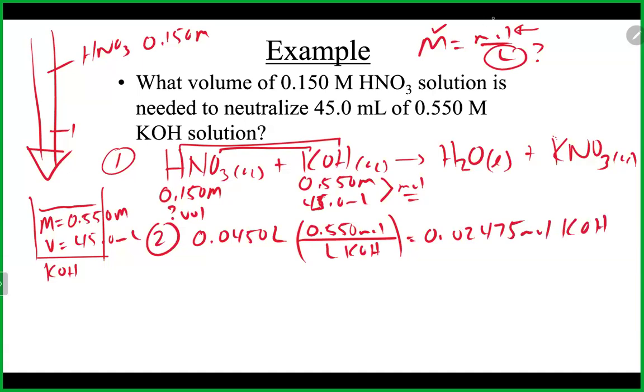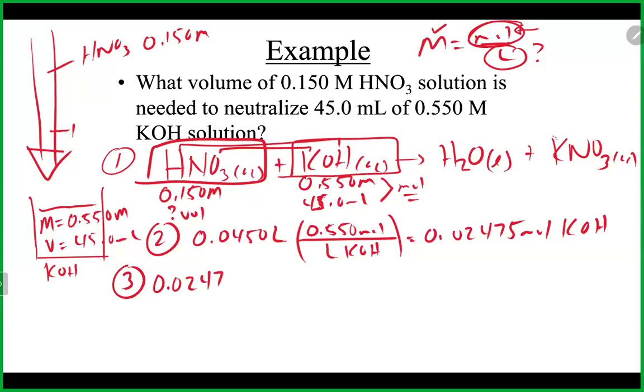Remember that ultimately we need the moles of nitric acid. So that is where the stoichiometry comes into play. So mole to mole relationship time. It is 1 mole of KOH to 1 mole of nitric acid. That is the stoichiometry part of it. So we'll take our number from the previous step and we'll do our mole to mole relationship.